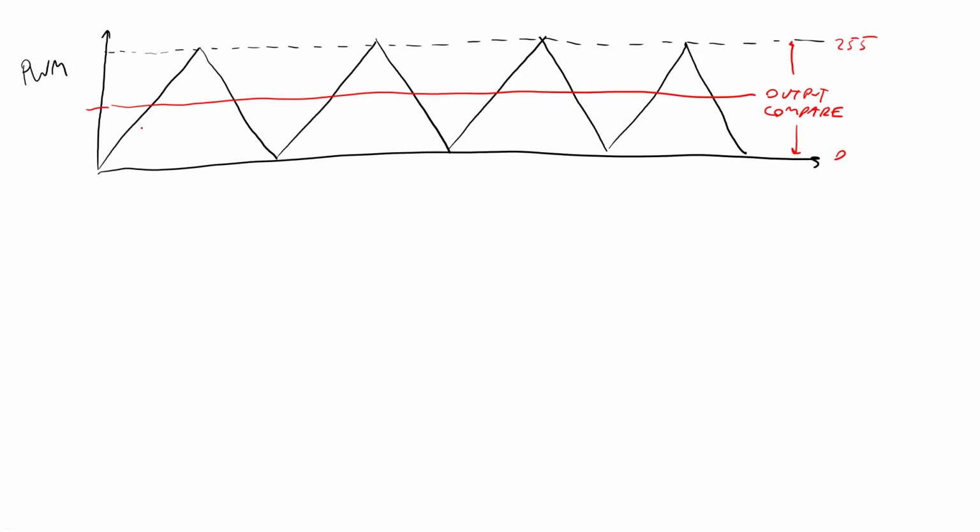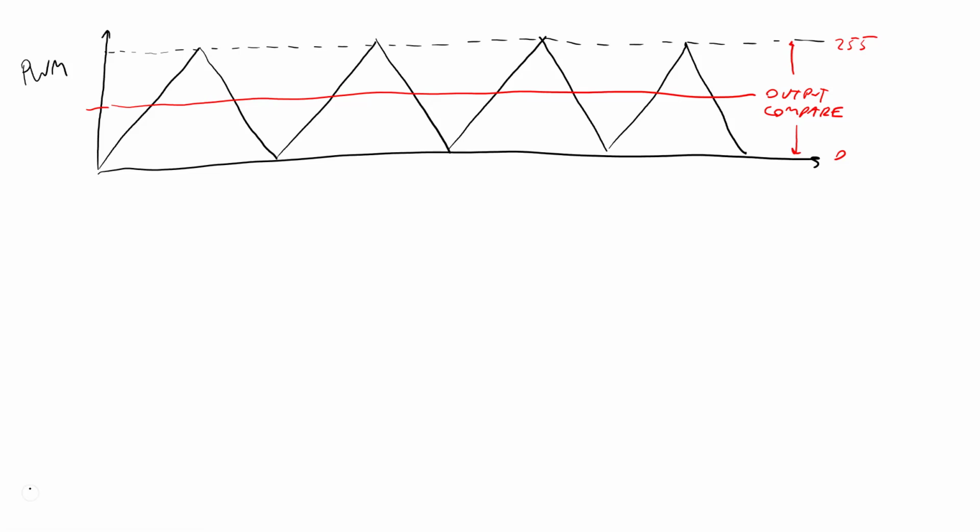But the PWM mode is going to do something different with this output compare value. It is not going to reset the timer when the timer reaches that value like we had in clear timer on compare mode. It is going to toggle one of the Arduino's pins high or low when the timer crosses that value. So this functionality is linked to the hardware pins.